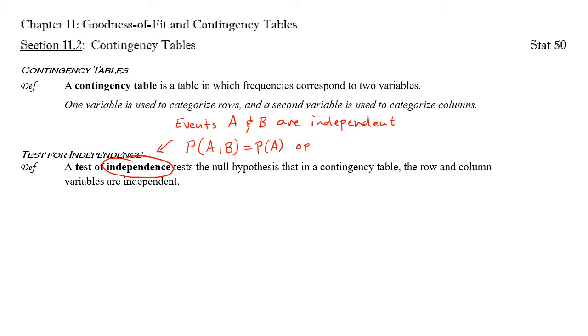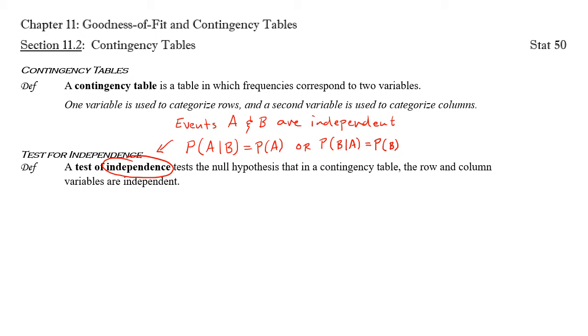Or the other way around, the probability of event B occurring given A occurred already is the same as the probability of event B occurs regardless of whether or not the event A occurred.